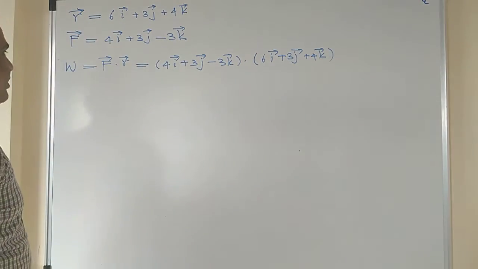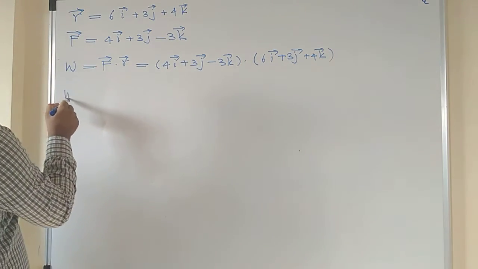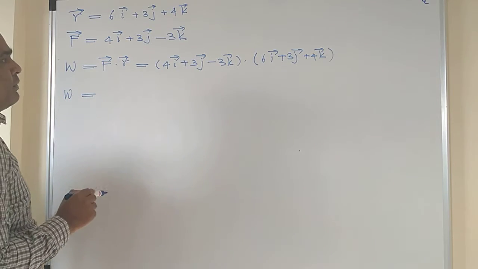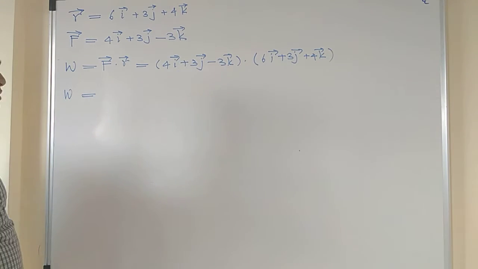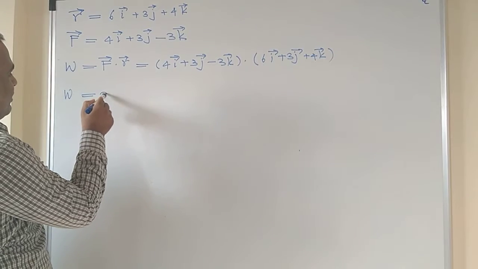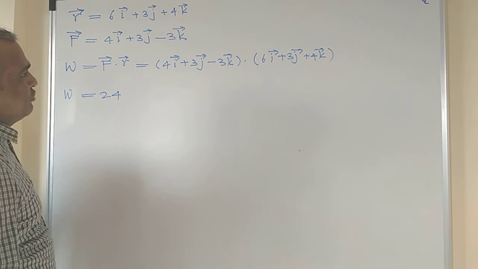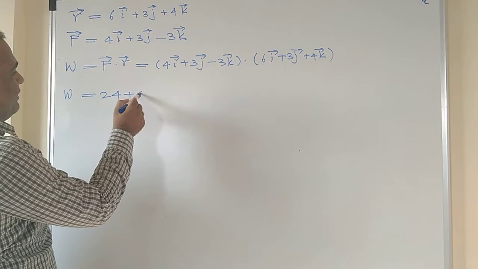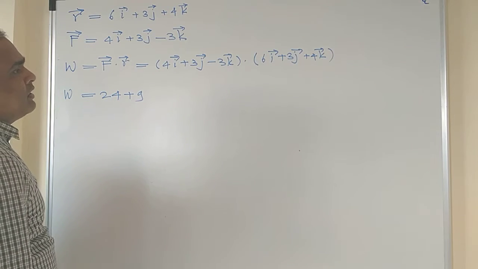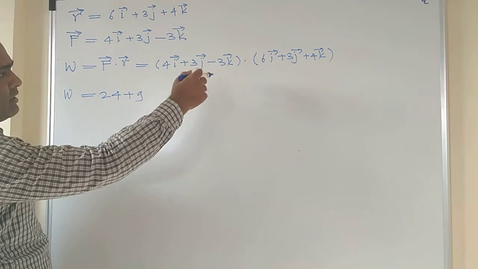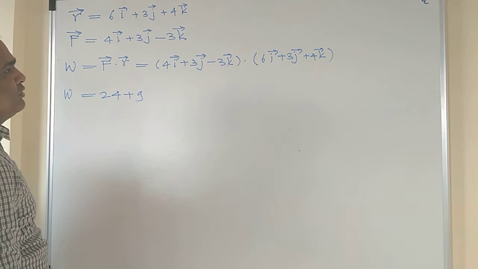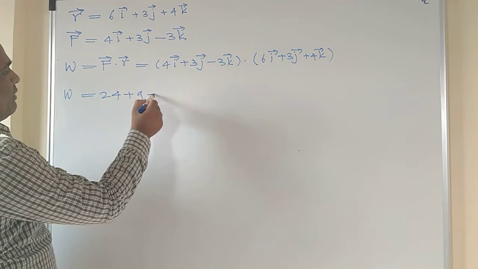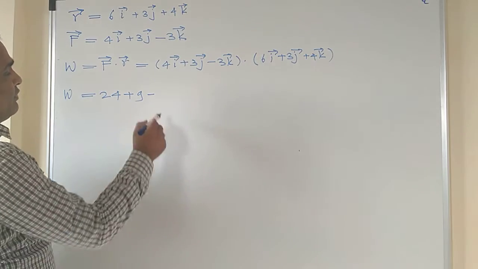If you take the dot product of both, then you will get your work done W is equal to 6 4s are 24, i dot i is 1, 3 3s are 9, j dot j is 1. Other multiplications will give you 0 value, and minus 3 4s are 12.